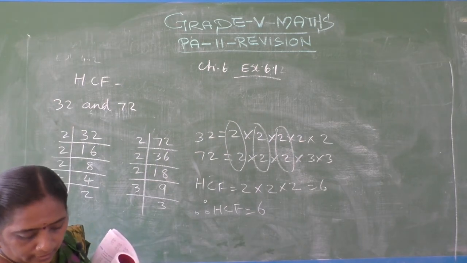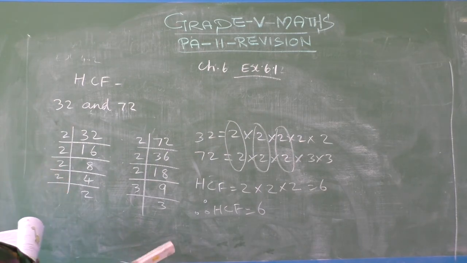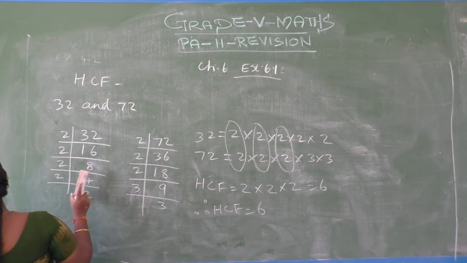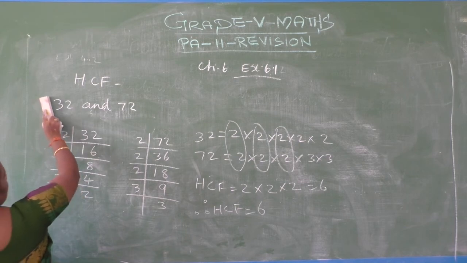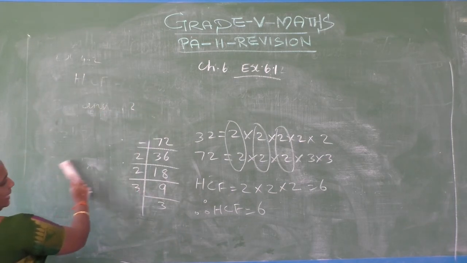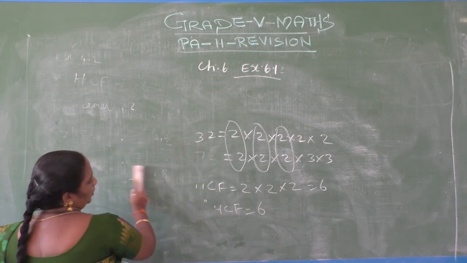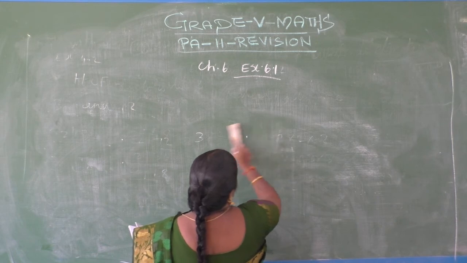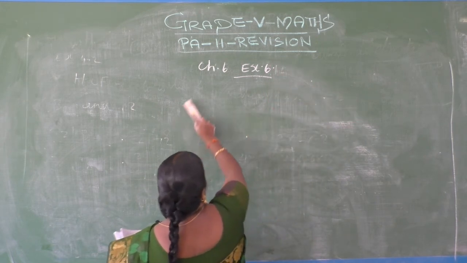Right. Then how can we find the LCM? That's all. In HCF they gave so many models, but this prime factorization method only is important. Then in 6.2 they gave LCM sums.